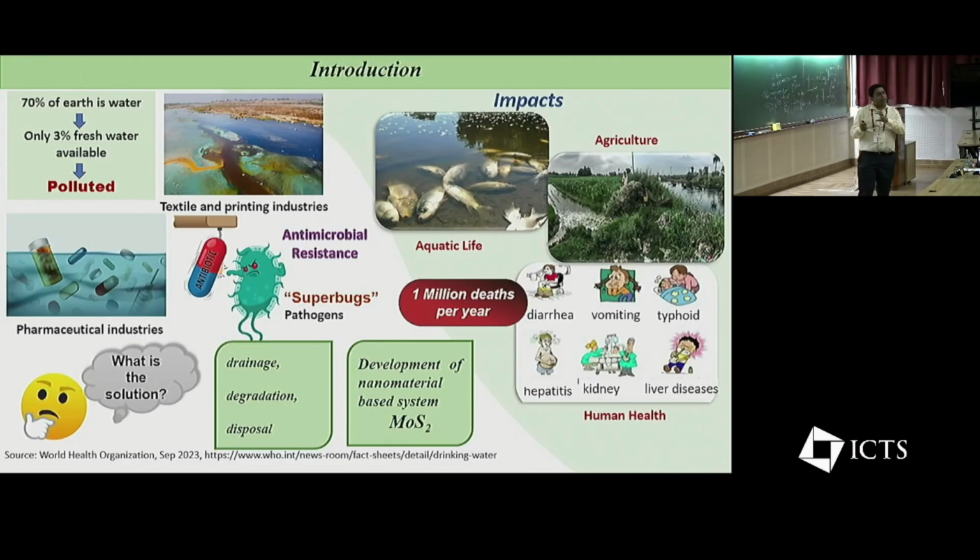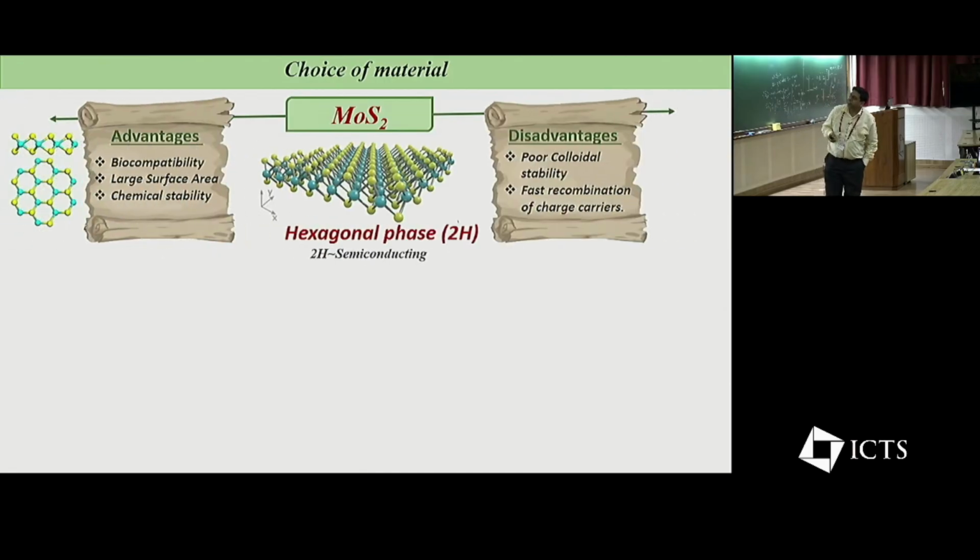The talk is in two parts. One is the synthesis of the nanoflower and its characterization, and then the application of this nanoflower. The choice of material is MoS2, and it has some advantages as well as some disadvantages. The advantage is that it has two layers. The 2H is always in the hexagonal phase, where 2 stands for 2 layers.